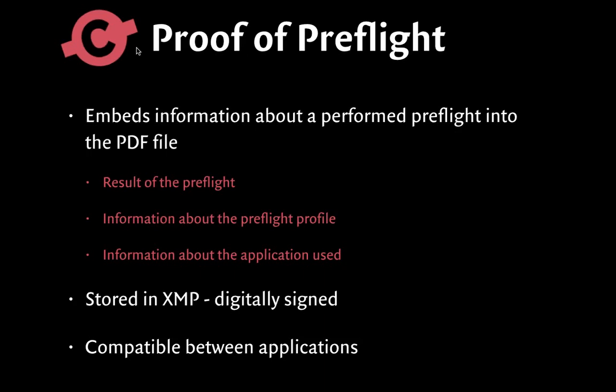It's called Proof of Preflight, and it is a standard that has been developed by the Ghent Workgroup, is described on the website of the Ghent Workgroup, and where you can embed information about a preflight that you have done.